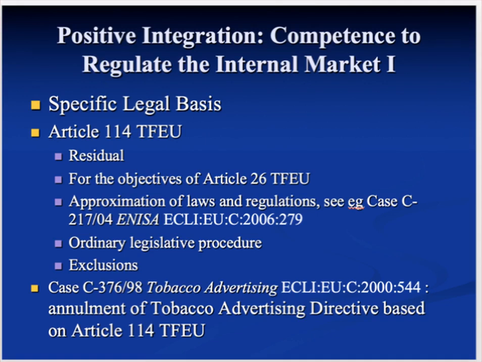The European Union had adopted a regulation establishing the European Network and Information Security Agency based on Article 95 EC, which is the precursor to Article 114 TFEU, in an earlier version of the treaties.